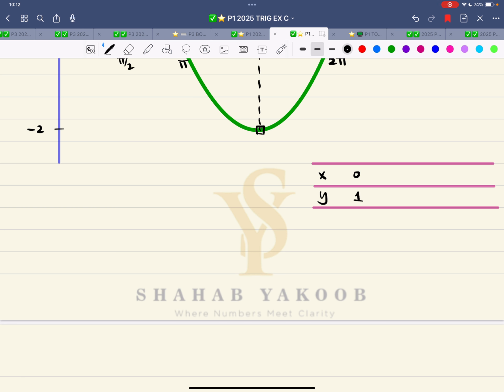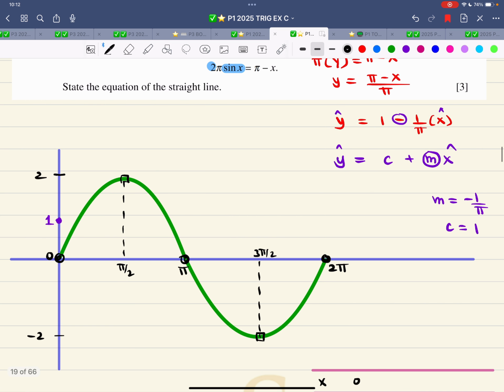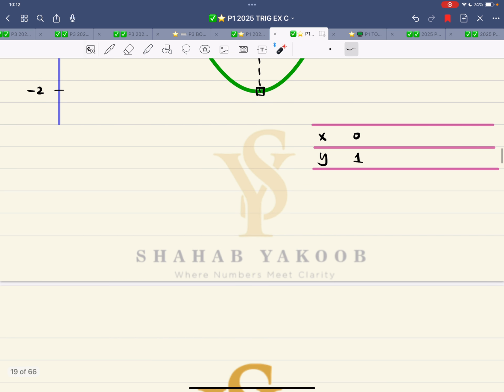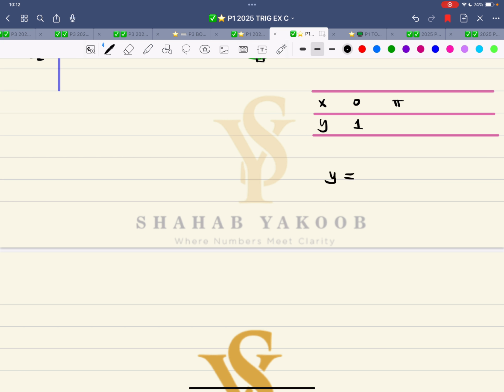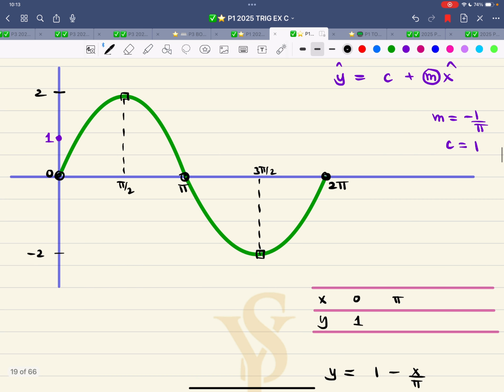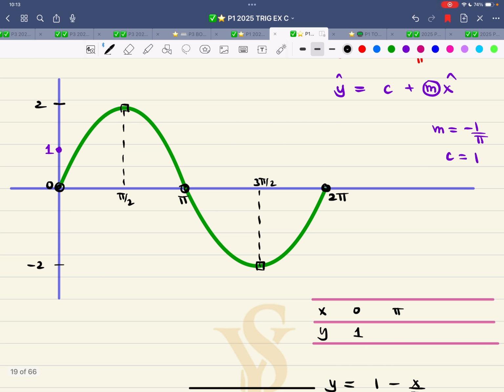And we can also see it from the y-intercept. And if I plug in x is pi, what happens? y equals 1 minus x over pi. If I plug in x is pi, y is 1 minus pi over pi, which comes out to be 1 minus 1, which is 0. So pi and 0, that is the next point.